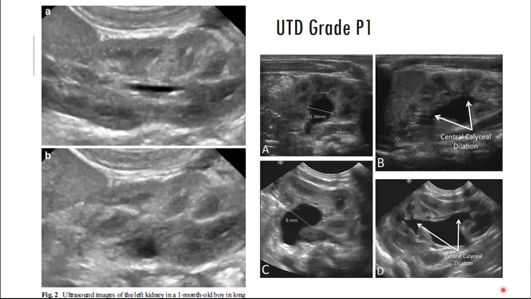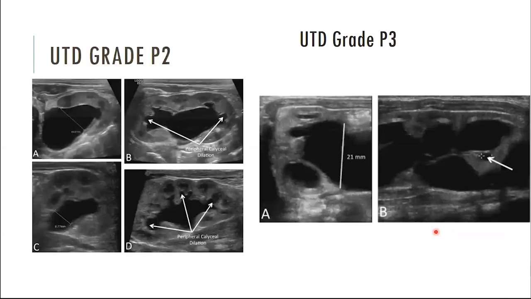This is grade 1 hydronephrosis. The AP diameter is almost 12 millimeters, and you've got central calyceal dilatation. It's not moved into the peripheral calyces, just the central calyces. Here, the peripheral calyces have started to dilate in grade 2.